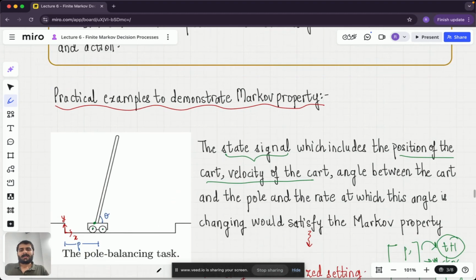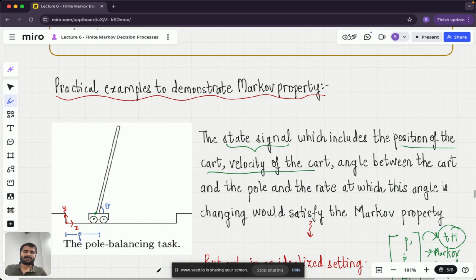Let's again look at the pole cart system, where the state signal includes the position and velocity of the cart, the angle between the pole and the cart, and the rate at which this angle is changing. If I have all this information, that is all I need to predict the dynamics of the pole cart system. I do not need to know what happened in the past.